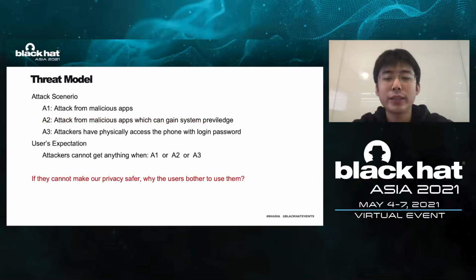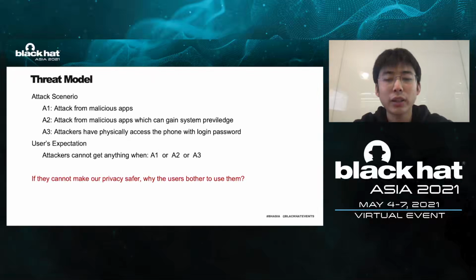The attack scenarios are as follows. A1: attack from malicious apps. A2: attackers can attack from malicious apps which can gain system privilege. A3: attackers have physically compromised the phone. Our expectation is that attackers cannot get anything under A1, A2, or A3.